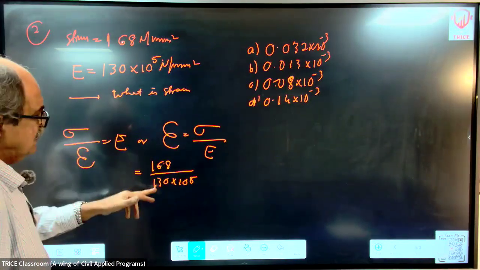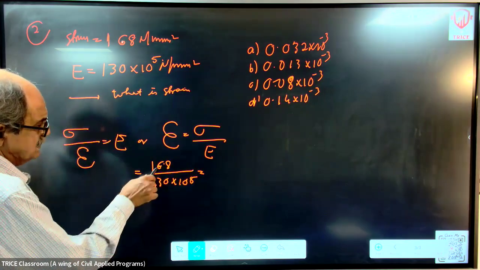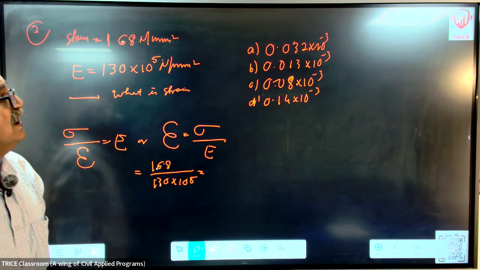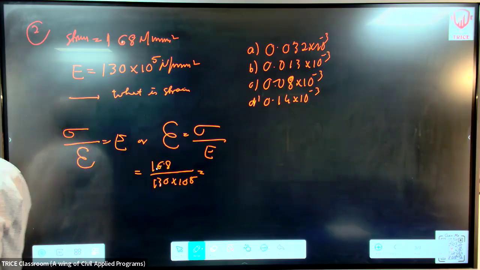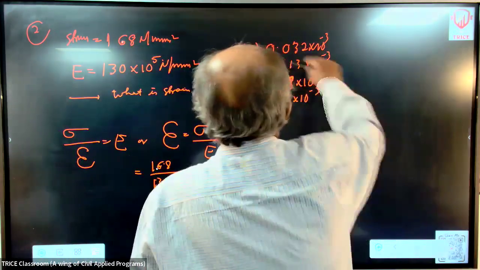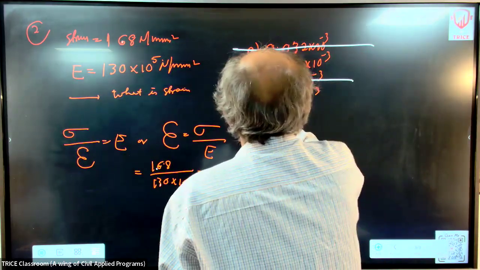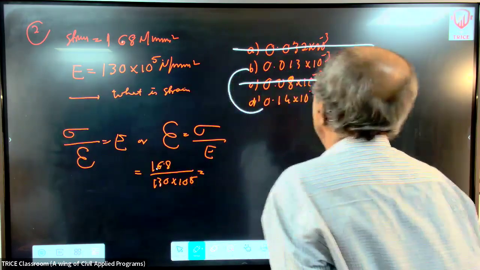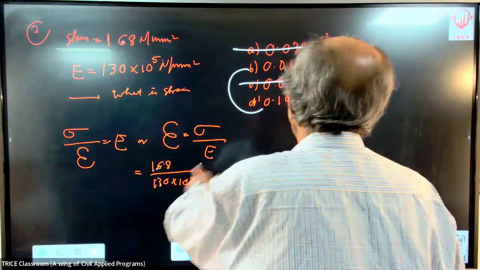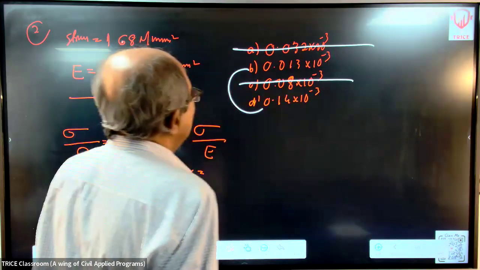It is more than 1, but less than 2. Therefore, this is gone. This is gone. Among these two, one of them is the answer. Why? More than 1, less than 2. 0.13 is there, 0.14 is there.